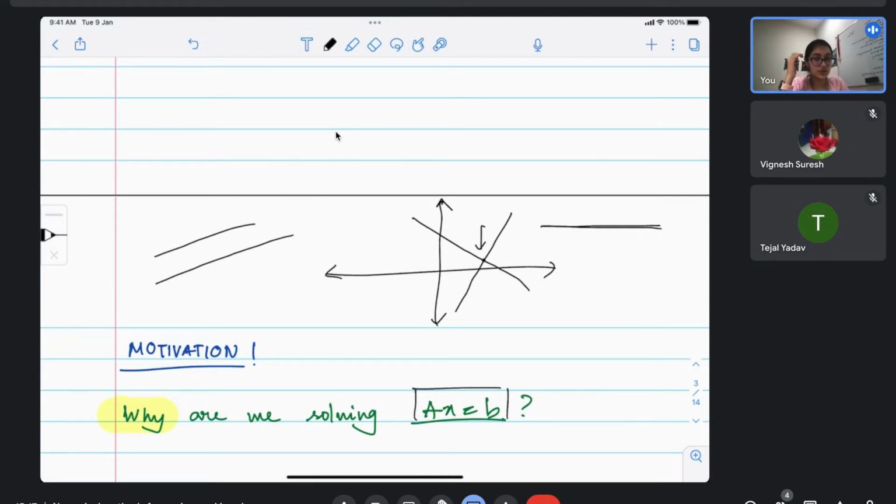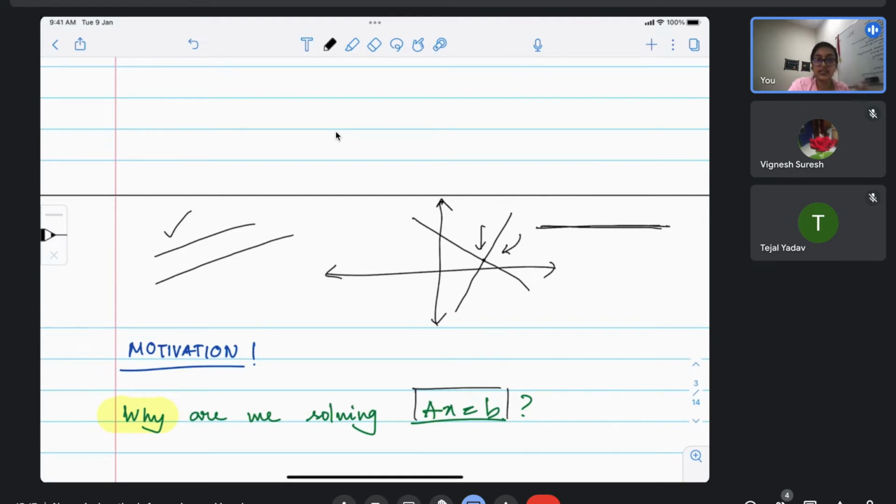So not only a unique solution, Vignesh, it depends on the system we are trying to study. If the system gives equations which have a unique solution, you'll find that. If they superimpose entirely, you'll find infinite solutions, and if they don't, you'll find no solution. And what Tejal also said is that we are predicting the solution basically. Yes, ultimately we are just predicting the solution.